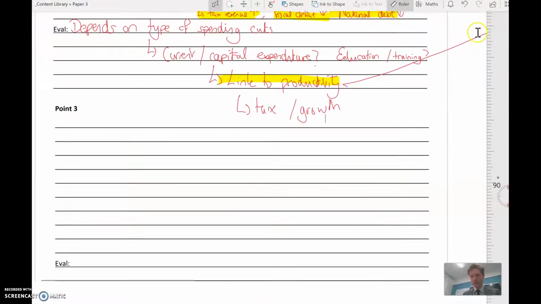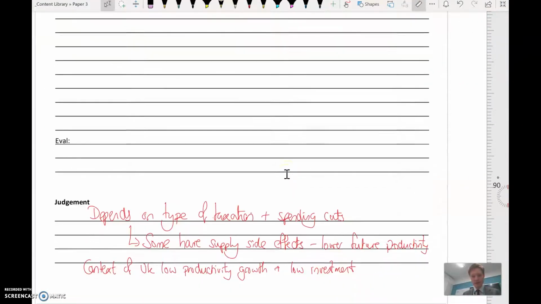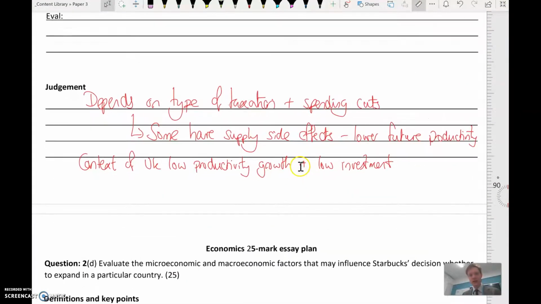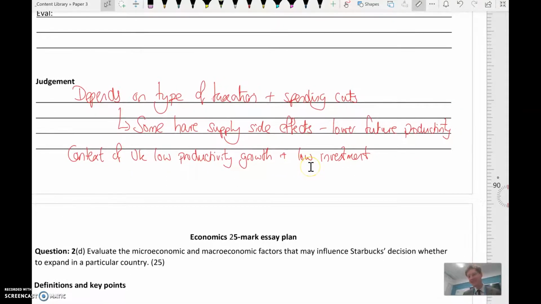Okay, coming back. So ultimately, the type of tax and spending cuts, it all depends on that, doesn't it? What you have chosen, the supply side effects of those, and that's where I was talking about the short run and the long run. So the short run effects are likely to be positive, at least on the fiscal deficit.